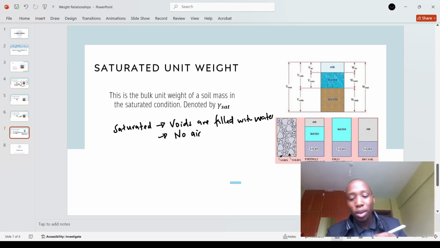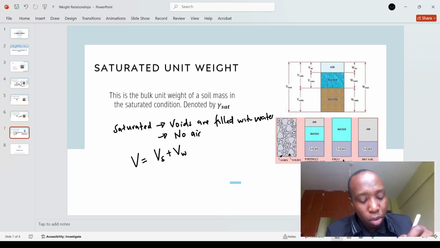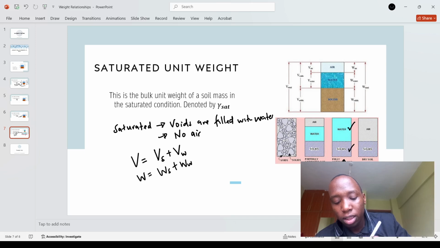So when we talk of saturated, the total volume is given by the volume of solids plus the volume of water, because as you can see in this diagram, this is a fully saturated soil that has no air. It only has water and the solids. And the total weight is given by the weight of solids plus the weight of water.